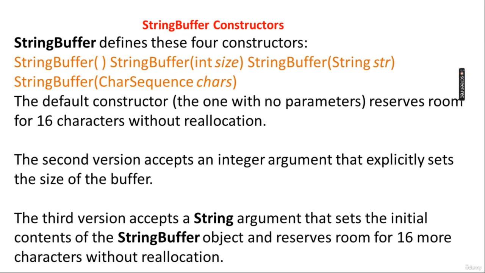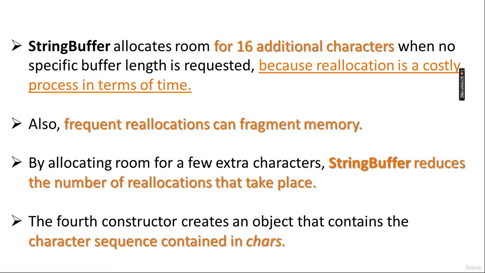The second version accepts an integer argument that explicitly sets the size of the buffer, whatever size we will specify over there. Then the third version accepts a string argument that sets the initial contents of the string buffer that will be initialized with the specified string and reserves room for 16 more characters without reallocation.